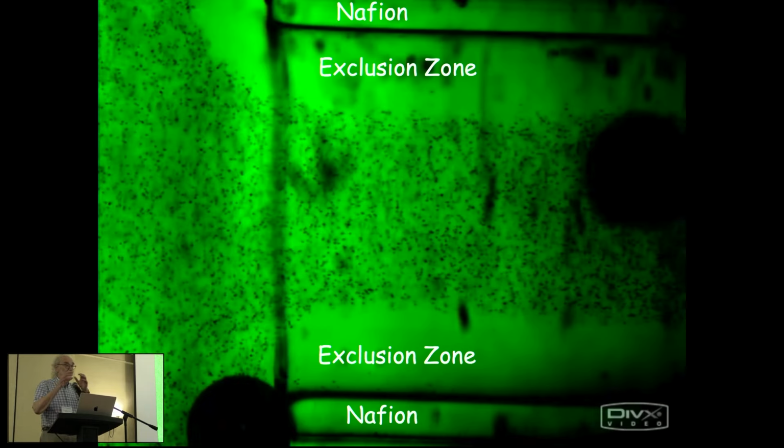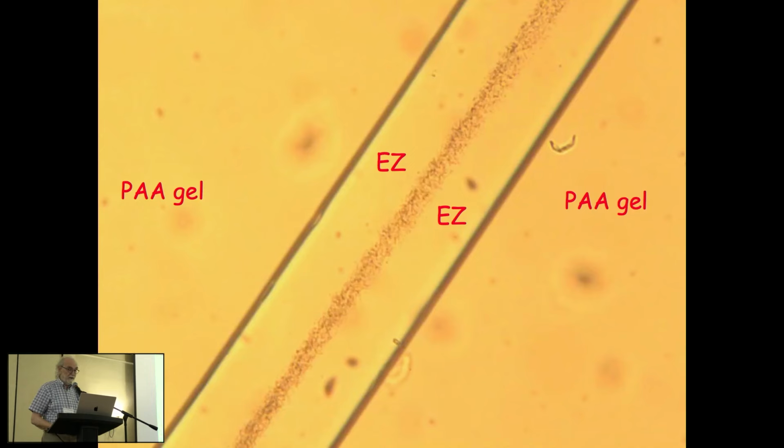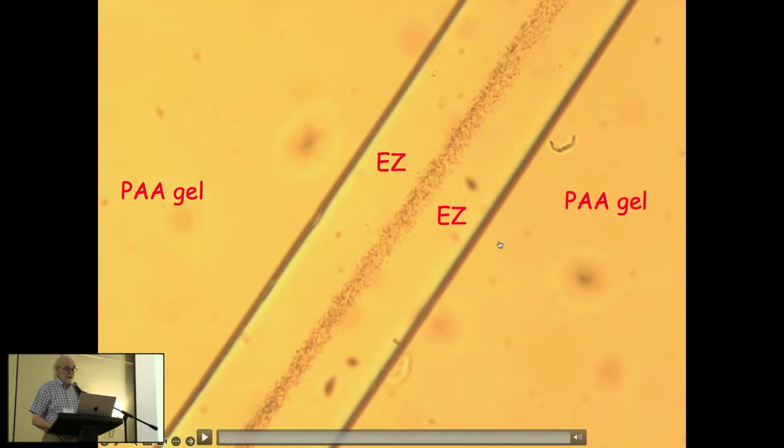He took a gel, but before it gels, it's a liquid. And as it was gelling, just like Jell-O, he took a wire and stuck the wire in. And just as it was gelling, he pulled the wire out, so it leaves a chunk of gel with a tunnel. So we took this small chunk of gel with tunnel, and immersed it in water plus microspheres. Here's the polyacrylic acid gel, and here's the tunnel.